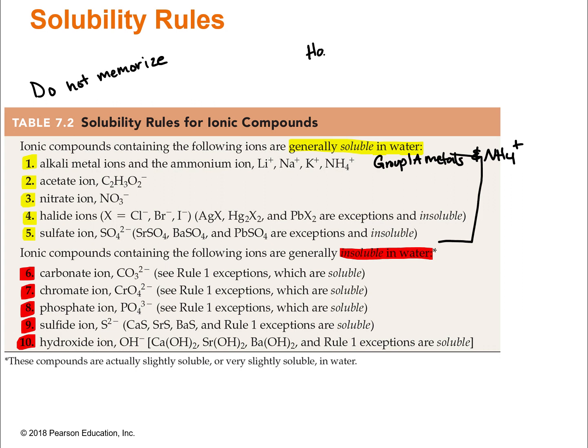Remember that a halide is one of the halogens. So fluorine, chlorine, bromine, iodine. There are some exceptions. Those exceptions are insoluble.